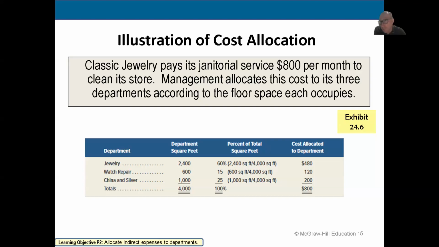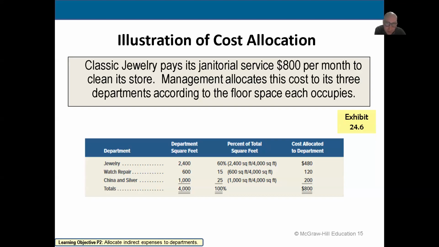Because it's a service department servicing the store, we allocate the cost of this service to each department through what we call cost allocation.